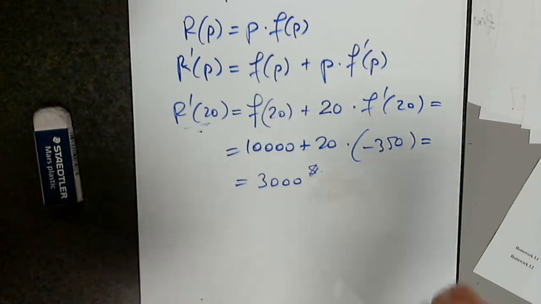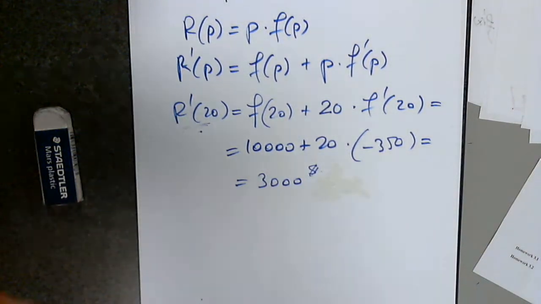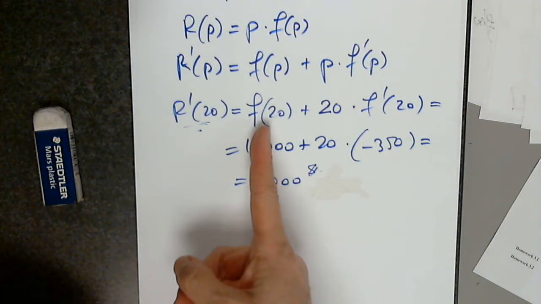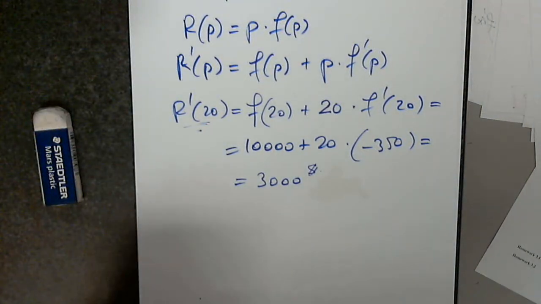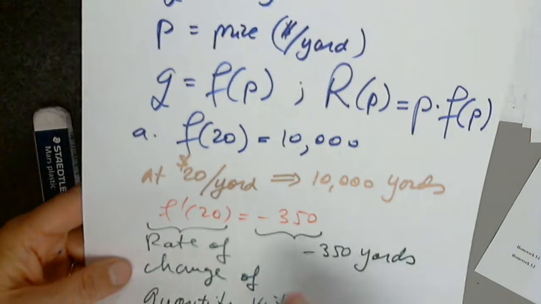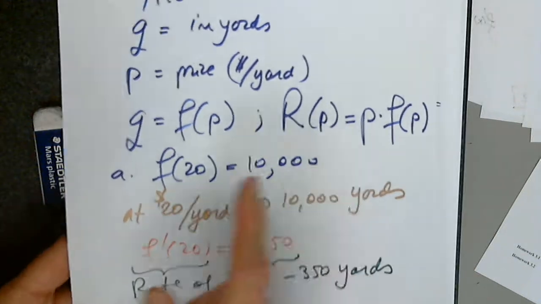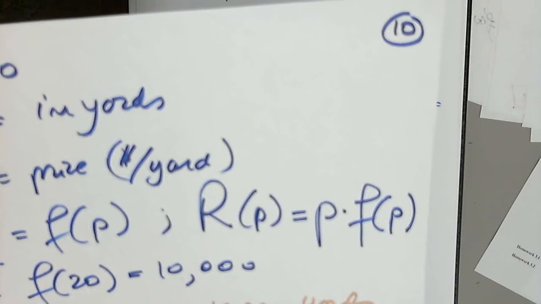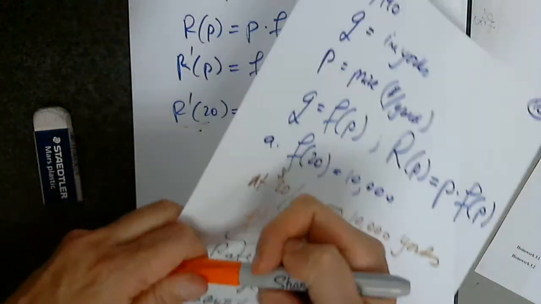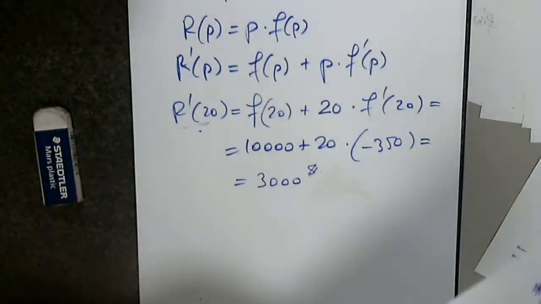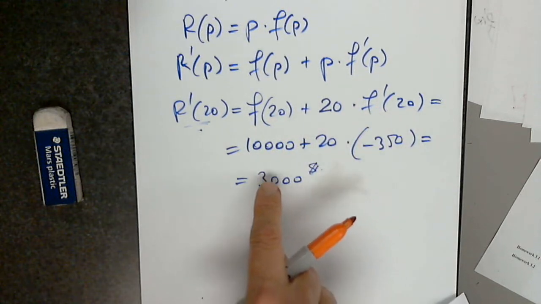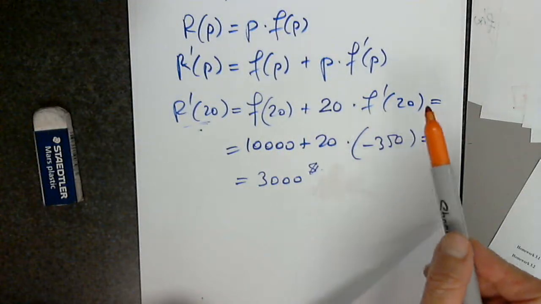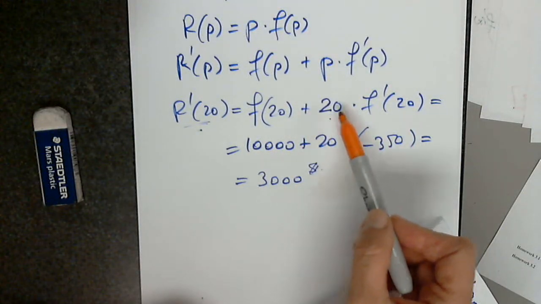Because we have yards, F of 20, we have to make sure of the measurement unit. So F of 20, I didn't write it here. Why don't they write their measurement unit? That's yards, yes, of course. So yards plus yards, F of 20. F of 20 is yards. This is dollars per yard.